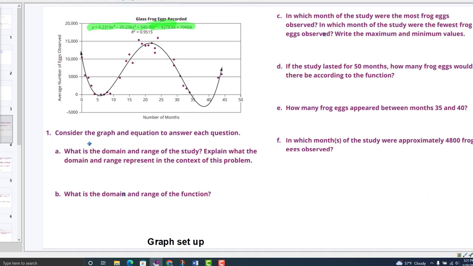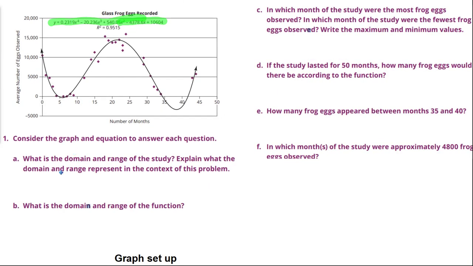So consider the graph and the equation to answer each of the questions. What is the domain and range of the study? So is the study referring to the graph or the data that was collected, do you think? The data. So the study is referring to that data.